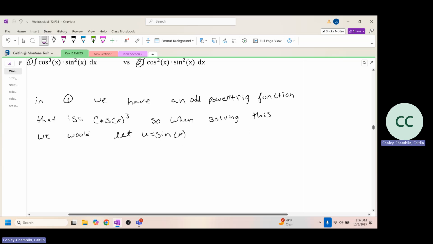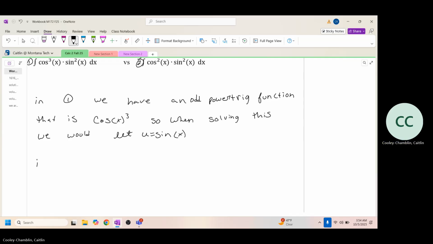In problem 2, we do not have an odd power function.